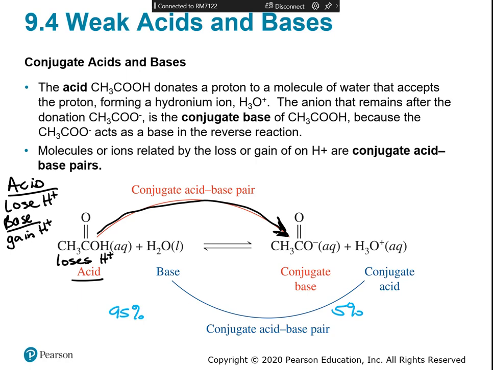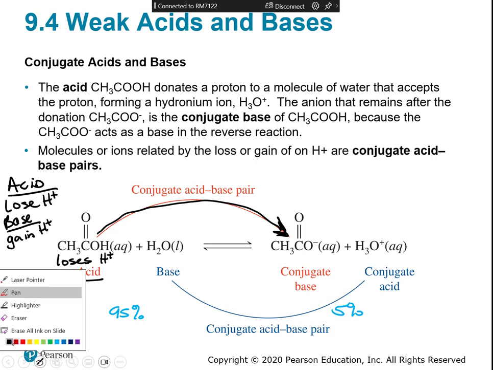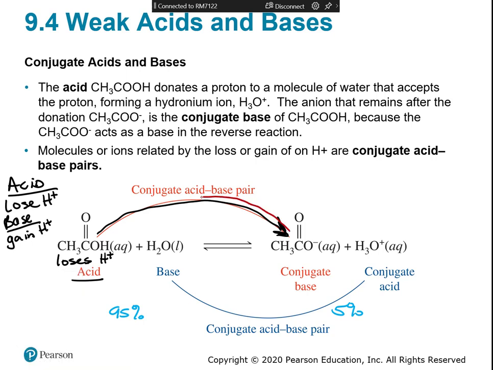But now look at the product side, because remember that you end up with forward and reverse. In the reverse of this, CH3COO minus converts back into CH3COOH. So in the reverse reaction, that I'll color in red, what happens to CH3COO minus? It gains a hydrogen.